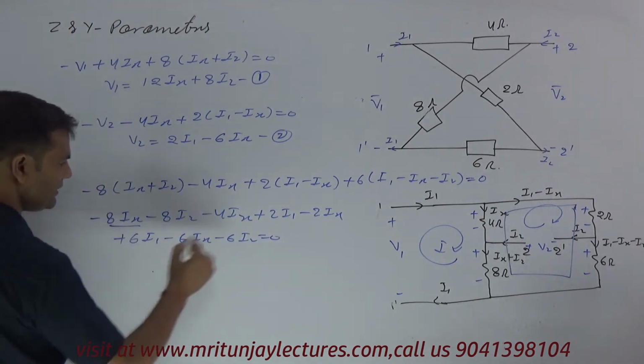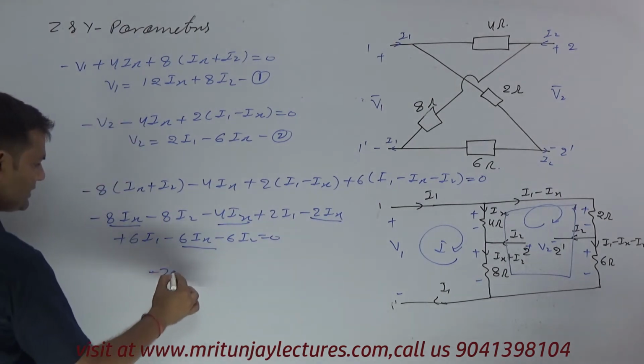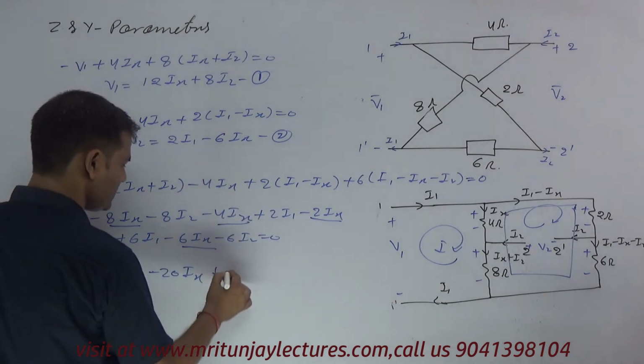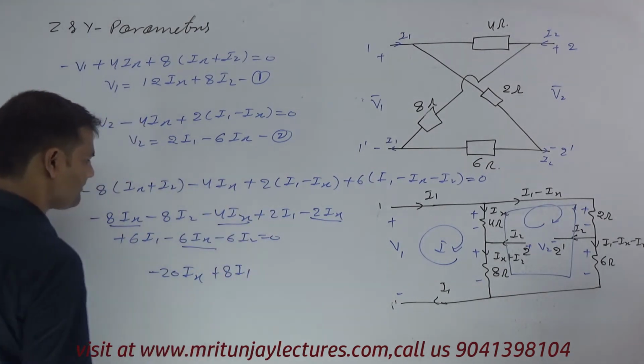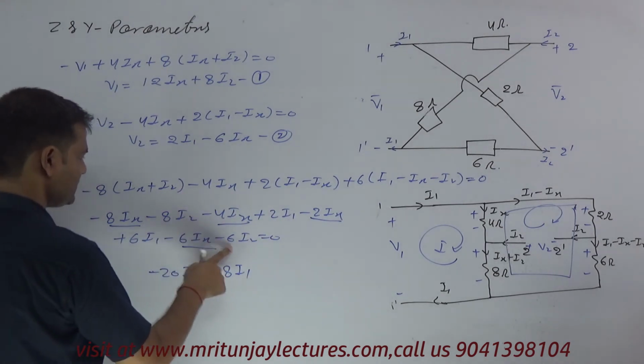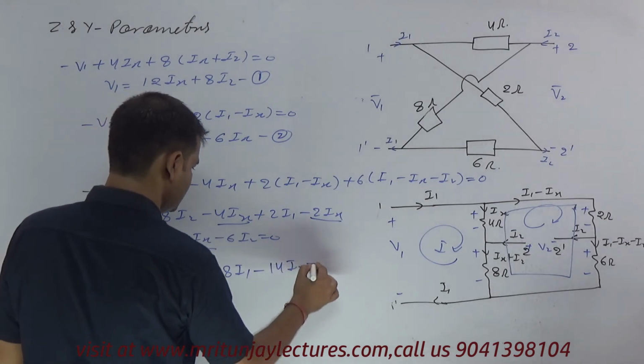So minus 8 minus 4 minus 2 and minus 6, minus 20 ix. Now next one, 6 plus 2, that is 8 I1, and that is 14 I2, this will be equal to 0.